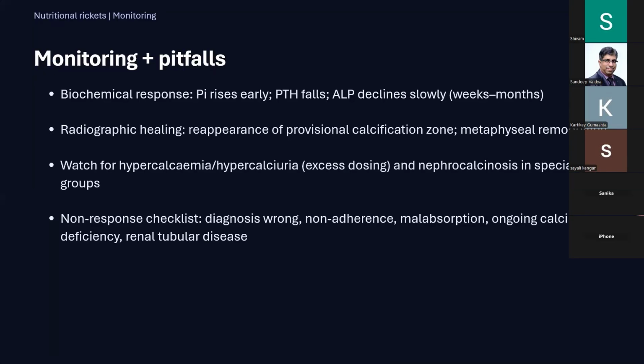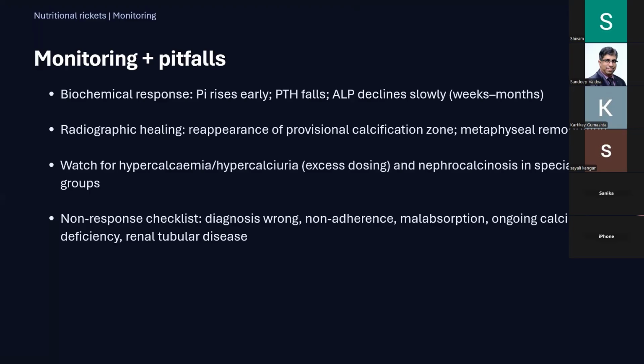Monitoring is required because biochemical response occurs: phosphate can rise very early, PTH also falls, and simultaneously alkaline phosphatase also declines slowly. And there will be radiological healing in case of nutritional rickets.